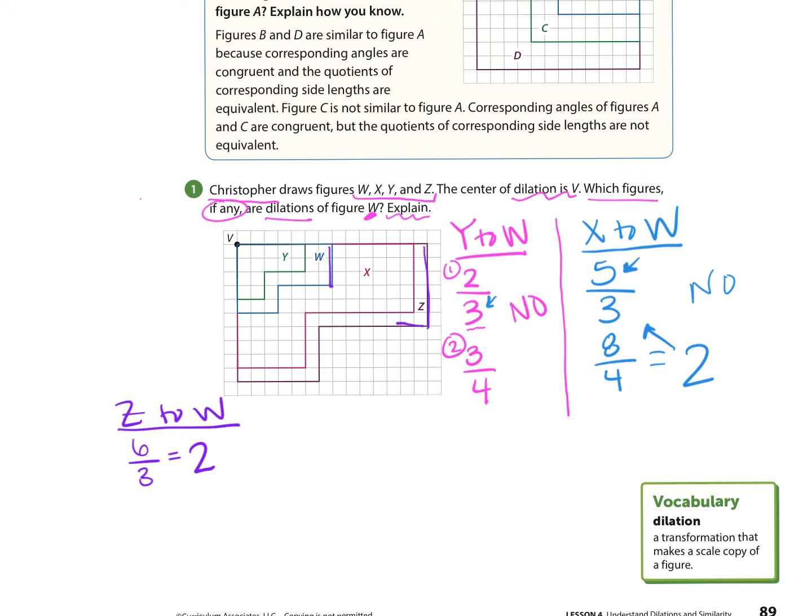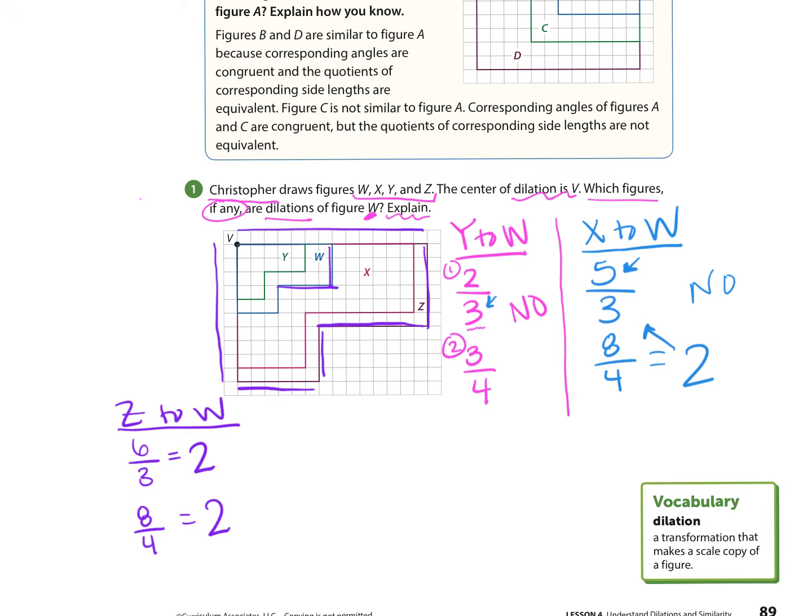The next side here is 8. Corresponding side is 4. 8 divided by 4 is 2. So far, so good. There are 4 other sides. So here's 1, 2, 3, 4.